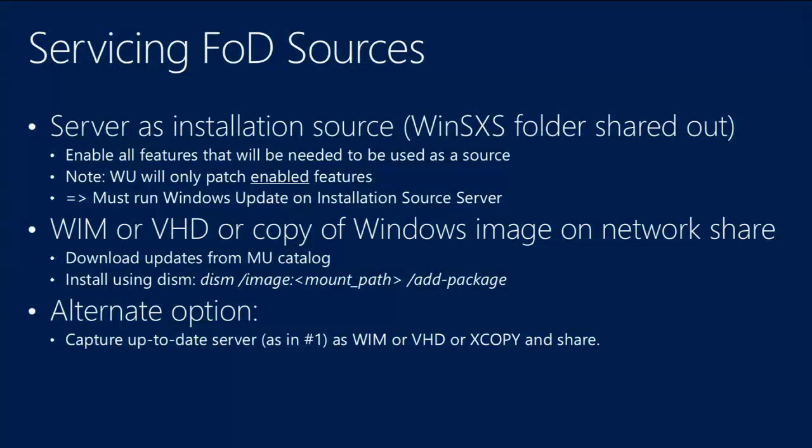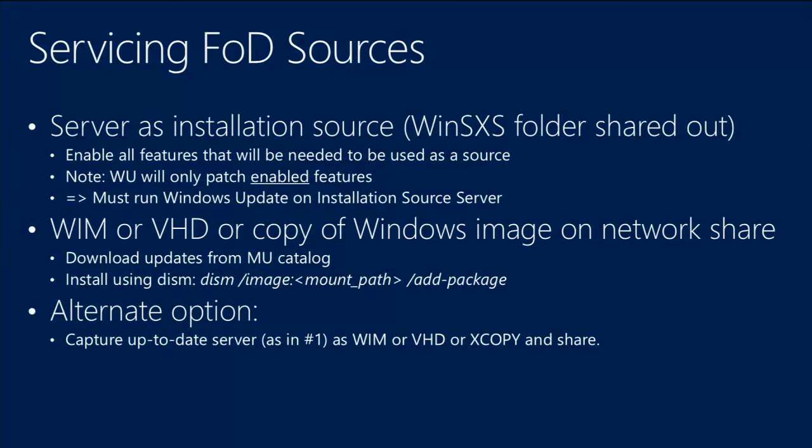But basically, if you're using a side-by-side store on a running server and that server is up to date, the Windows side-by-side store will be up to date, but only for the features that are actually installed on that server. If you have a server which has every single role and feature that ships inbox installed on it, and you're keeping that server up to date with Windows Update, I would ask why.